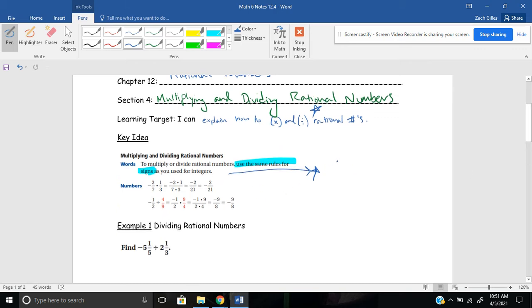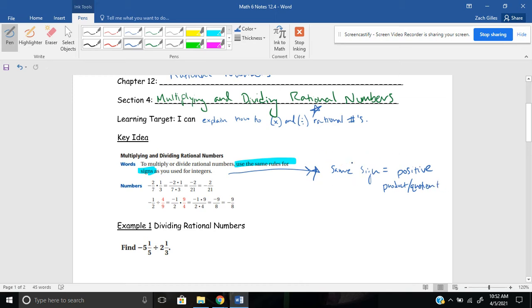The rules for integers that we use are when you are multiplying two numbers with the same sign, you get a positive product or quotient. Right, product if you're multiplying, quotient if you're dividing.